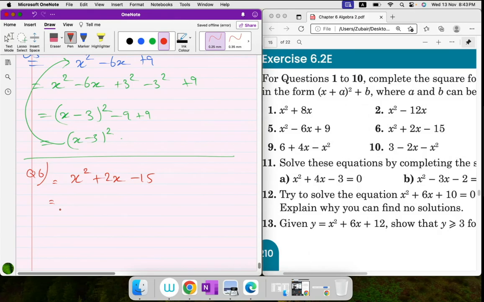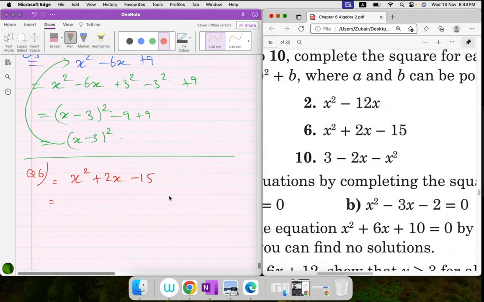Sir, which question? 6? Number 6, yes. I'm getting x plus 1 square minus 16.